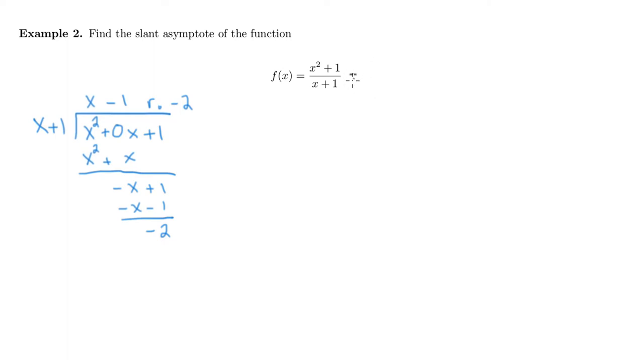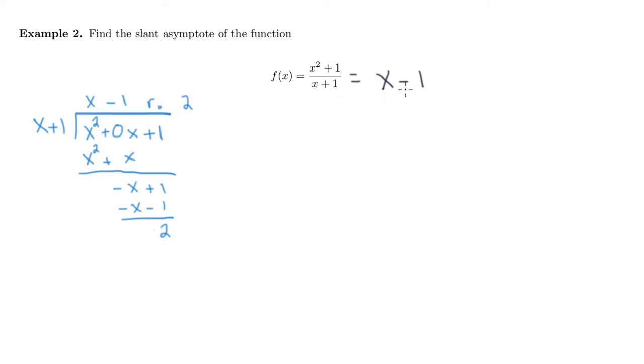All that to say, we can rewrite this function as x minus 1. Oh, getting ahead of myself. This is 1 minus a negative 1, so 2. So the remainder is 2. There we go. It's not going to affect the slant asymptote, but we should try to do it correctly if we can.